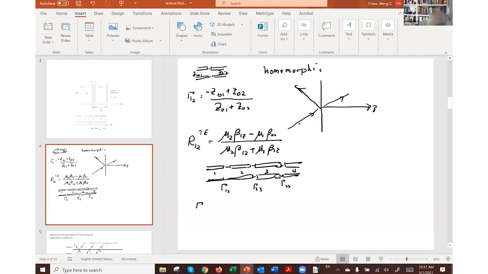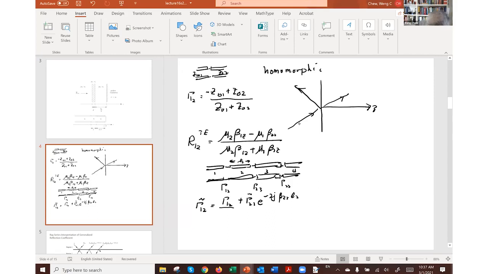Gamma 1,2 generalized at the 1,2 junction is equal to the local reflection coefficient gamma 1,2 plus gamma 2,3, where gamma 2,3 is the generalized reflection coefficient at the second junction, times e to the 2j beta 2z L2. Let's assume that the second line has a length of L2.